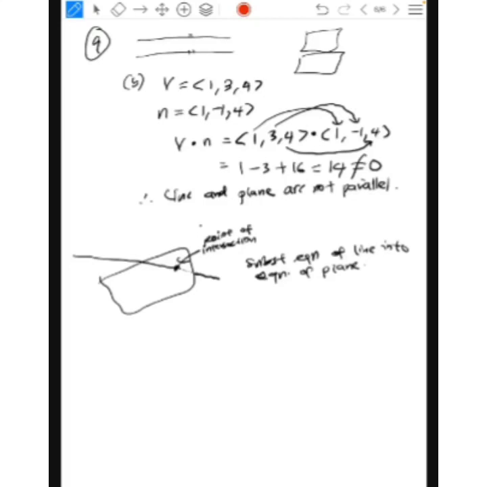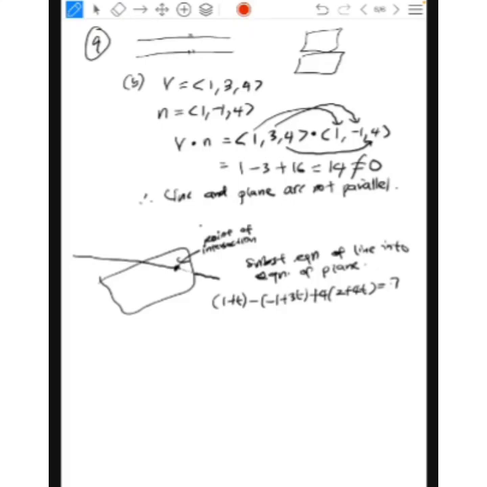So we have 1 plus t, plus -1 plus 3t, plus 4 times z, which is 2 plus 4t, equals 7. Correct? Because x is 1 plus t, y is -1 plus 3t, and z is 2 plus 4t. Then we solve this one.